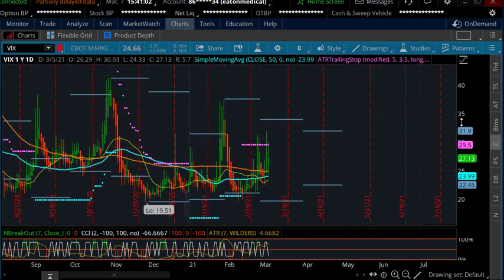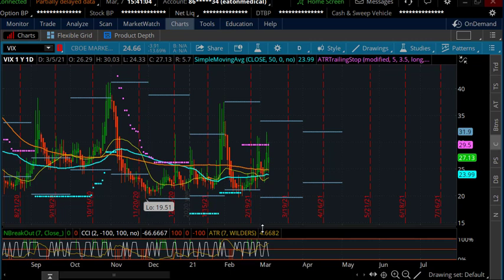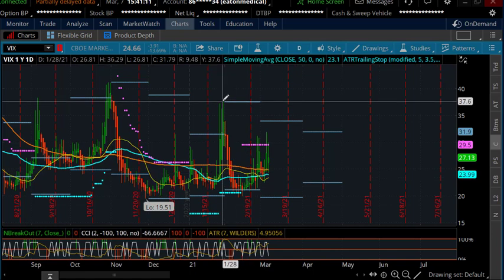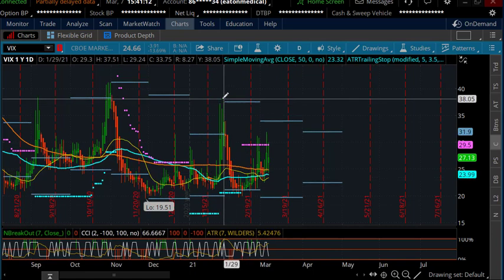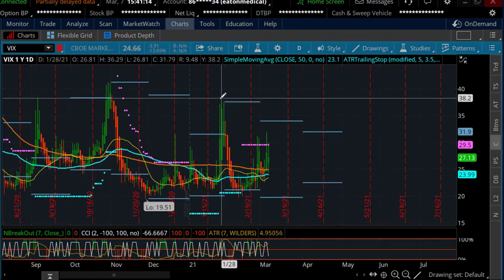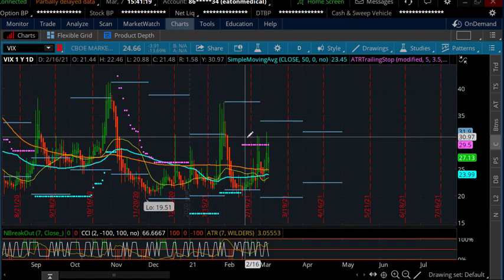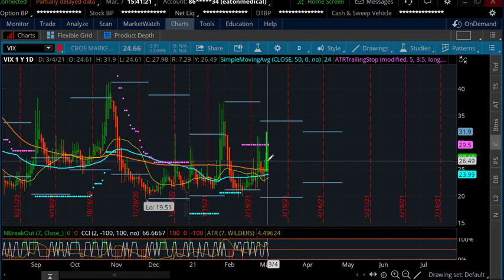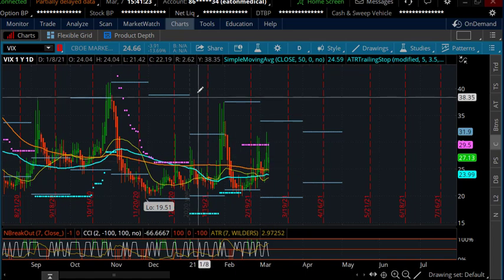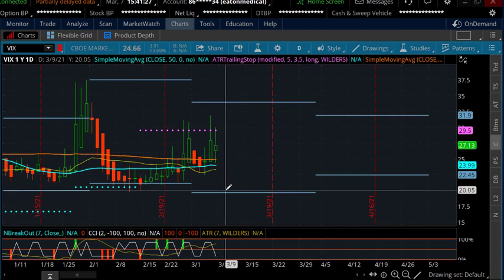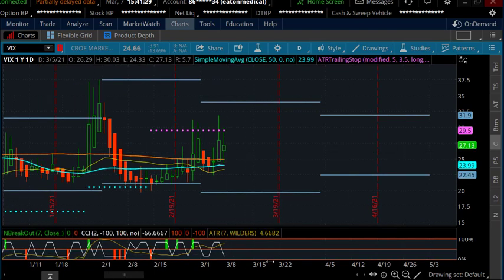We're at 25 right now, and the reason why I point that out is because obviously you don't want to start a long vega trade way up at these high levels. So right now we're kind of mid-range in the volatility range, so we can put on a calendar with no problem.